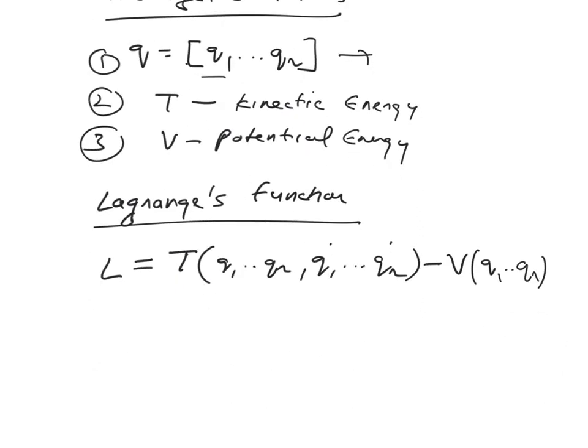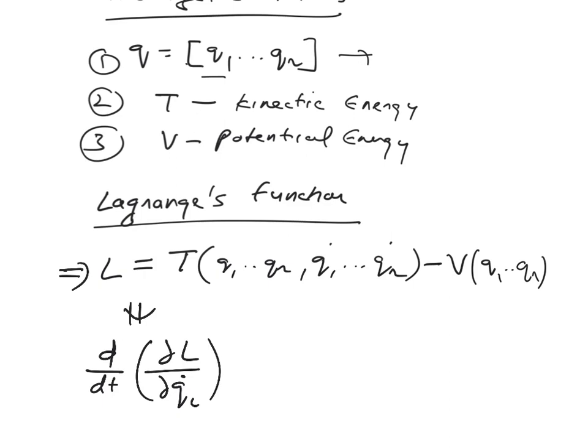So once you get that, your equations of motion basically can be derived as follows. You take a time derivative d by dt of the partial of L, which is the Lagrange's function, with respect to each qi dot.